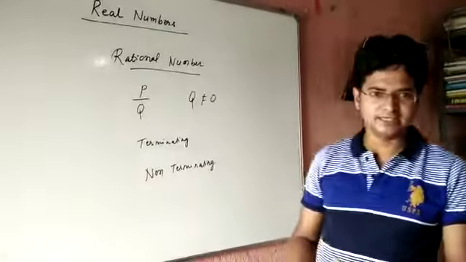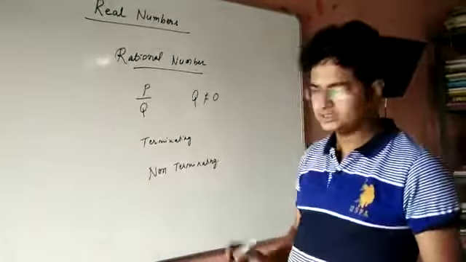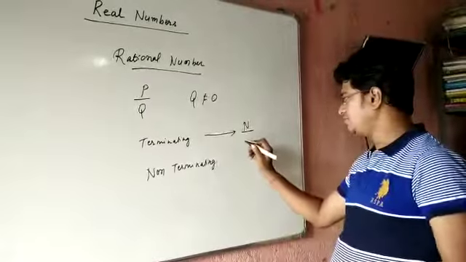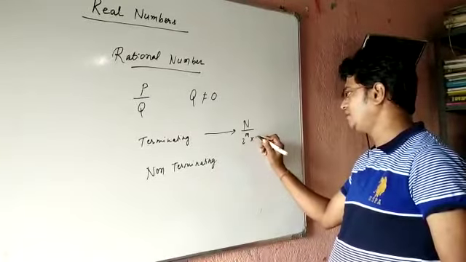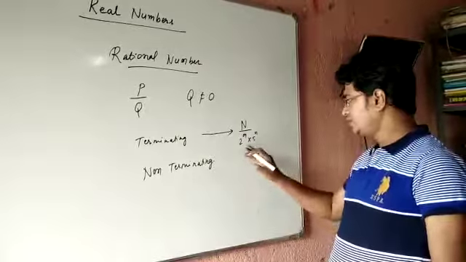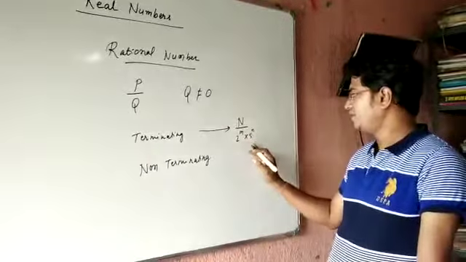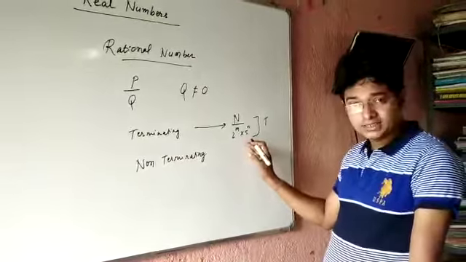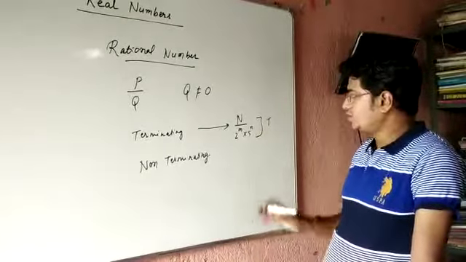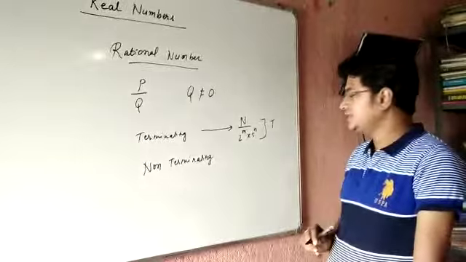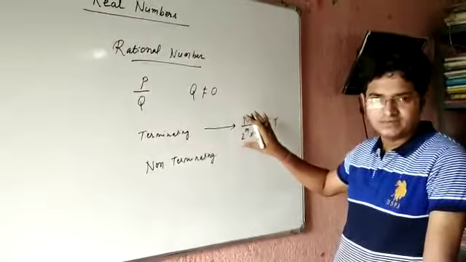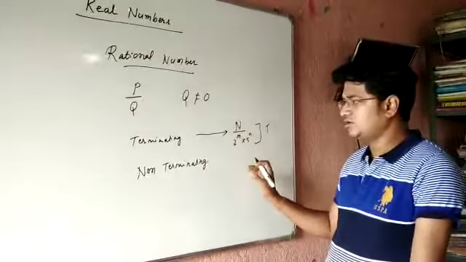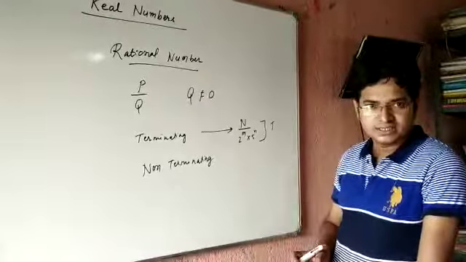This already you have done in standard 9, and here in standard 10 I am just giving you the trick. For terminating, it is numerator by denominator. If the denominator is in the form of 2 to the power m into 5 to the power n, it is known as terminating. Other than that, if you get any other factors, it is non-terminating. Keep in mind that whenever a question is given, first see if it can be reduced. First you reduce it, and after that if factors other than 2 and 5 are there, it is non-terminating.